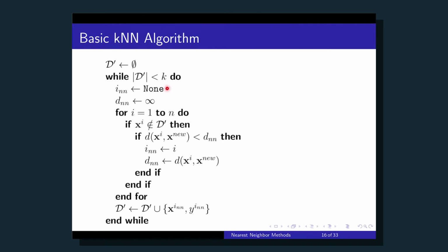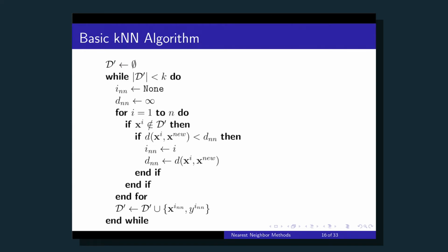You start without knowing what the nearest neighbor is. You equate the distance to 0, and then you start looking at the points inside your data set one by one. Here's an extra condition now. It should be a point that you haven't already put into your list of k nearest neighbors.